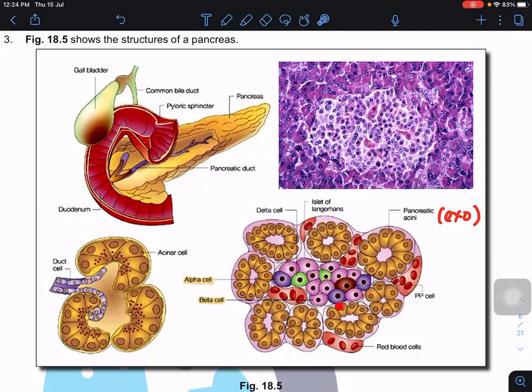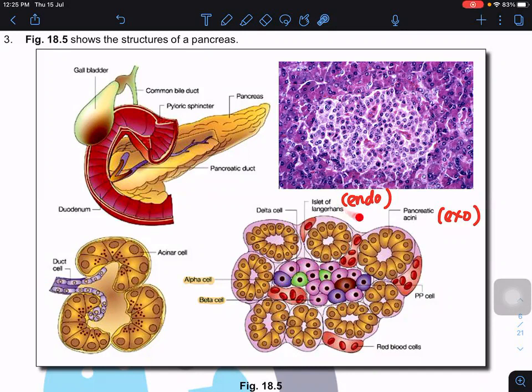If you look at the islets of Langerhans, we will see the blood capillary or blood vessel here. Do you realize that? Here we have the blood vessel. It's because the islets of Langerhans act as the endocrine glands. When it acts as an endocrine gland, it means that they don't have a special duct like this to transport the hormones.